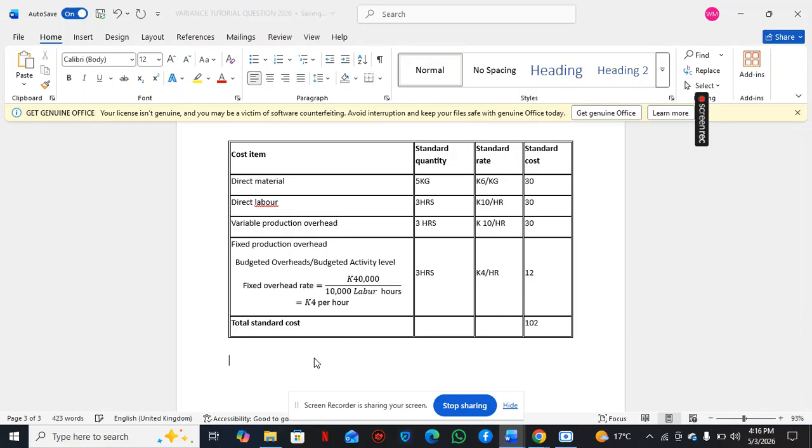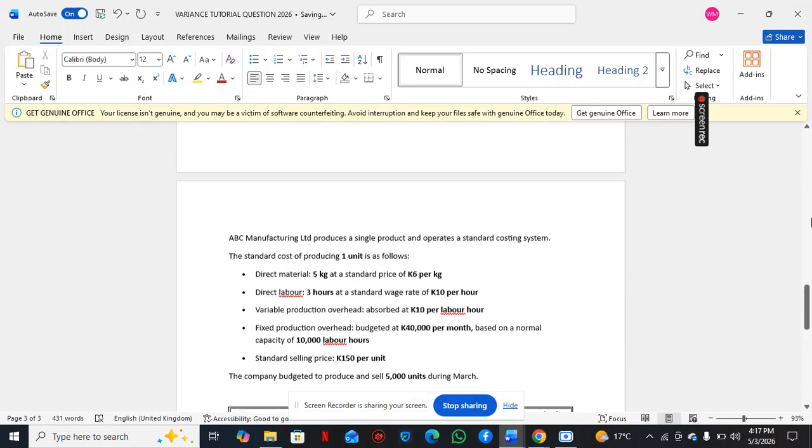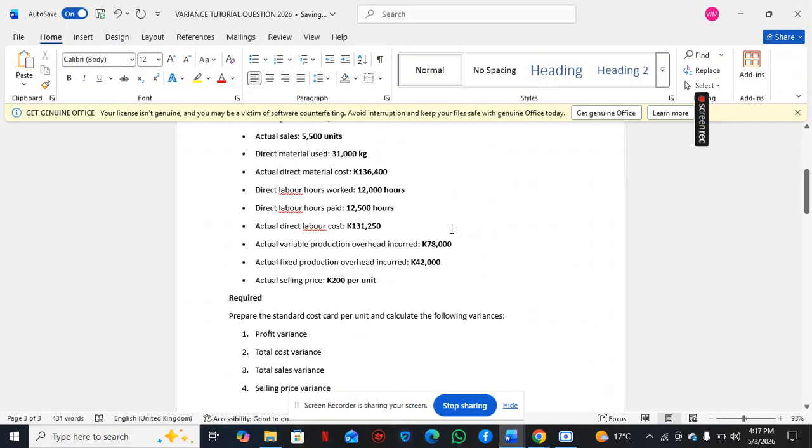Okay. We can also find our standard profit per unit. It's our budgeted selling price minus the budgeted cost. This is per unit. Our budgeted selling price, as we can see in the information, is 150 kwacha per unit.